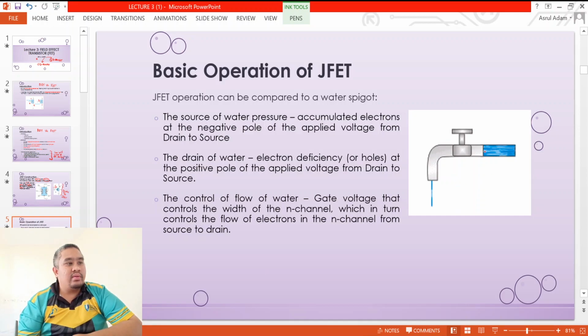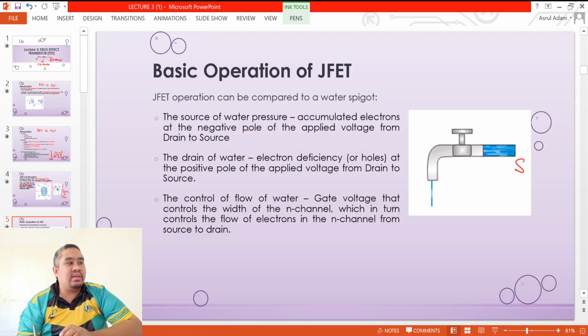The JFET operation can be compared to this application. The water spigot: you can read here the source of water pressure. This one is the source of water pressure.